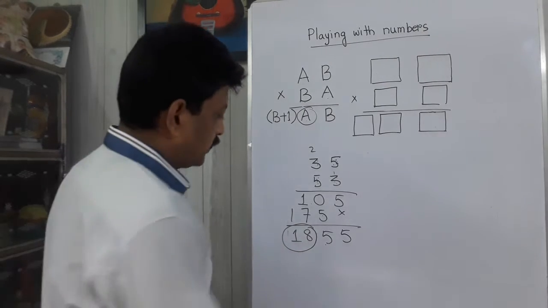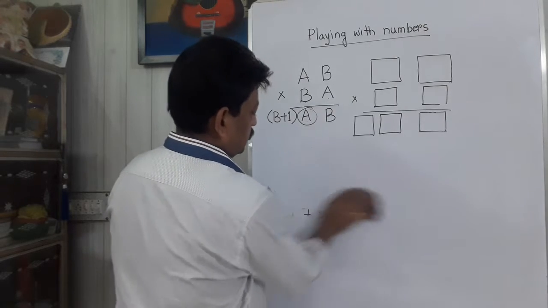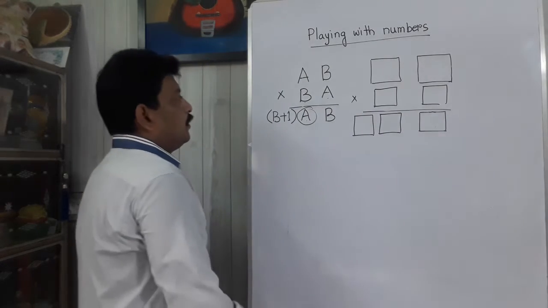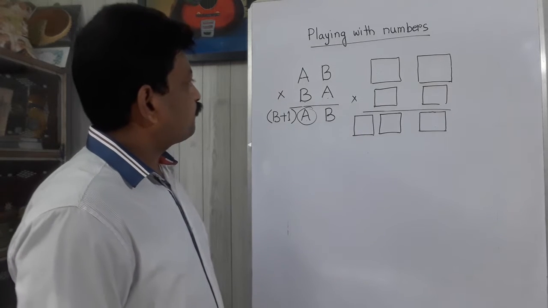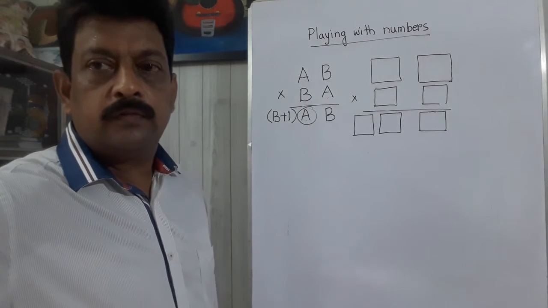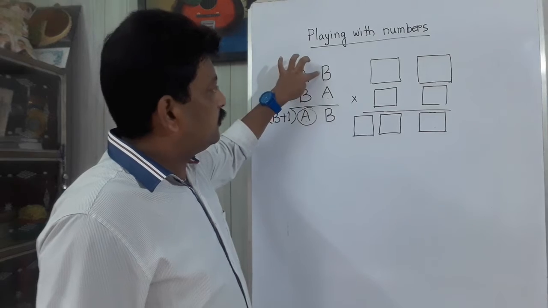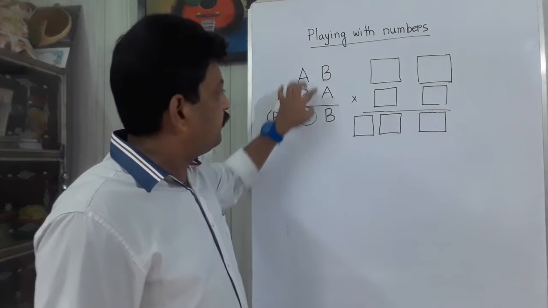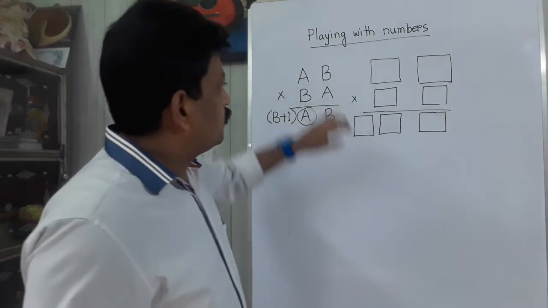We cannot take this. So we have to guess some more numbers. When we are replacing this B with 0 and 5, the whole condition is not matching. So leave this B.